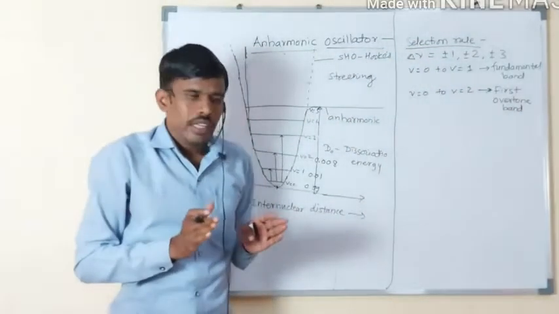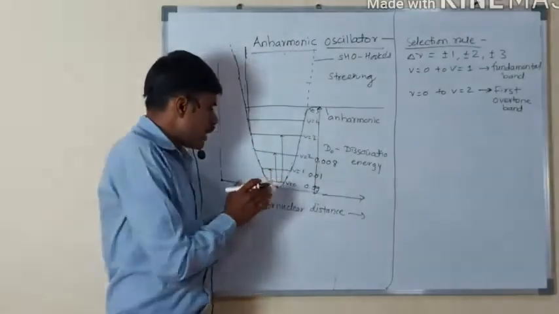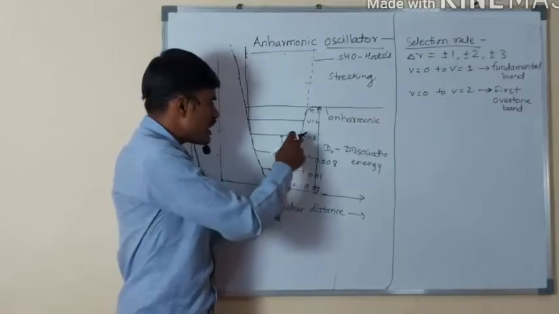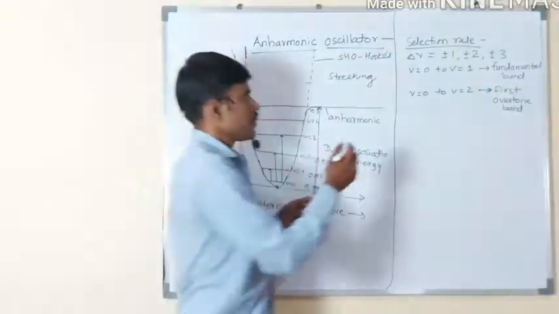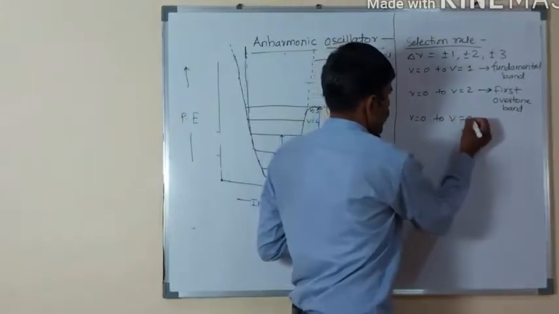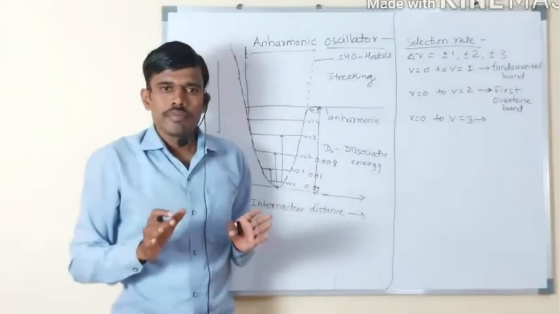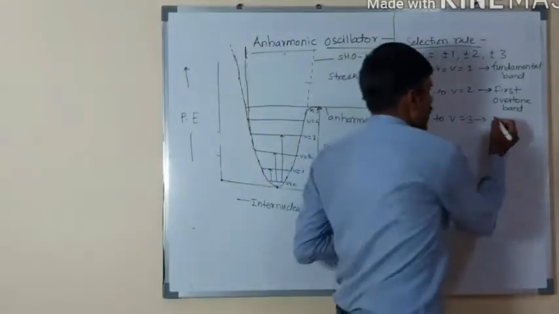The band in the spectrum which is observed due to the transition of a molecule from V equal to 0 to V equal to 3 is called the second overtone band.